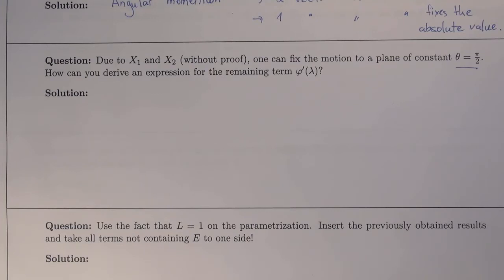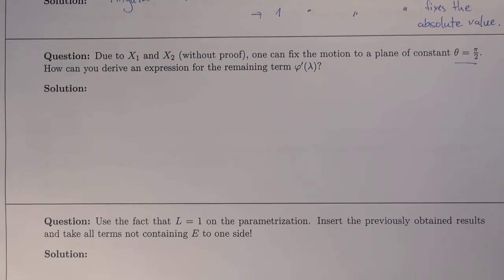But how can we now derive an expression for the remaining term, phi prime of lambda? Well, that's not a problem. We already saw how to derive the conserved quantity for a symmetry in the last question.